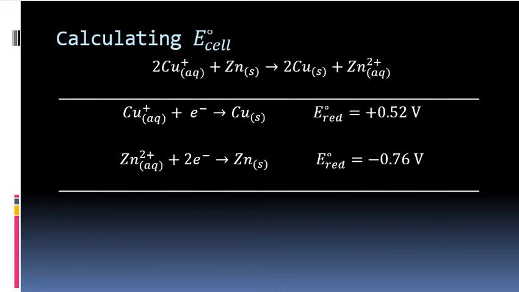So effectively, the copper atom is going to be reduced because it's going to gain electrons, and the zinc atom is going to be oxidized or become more positive.